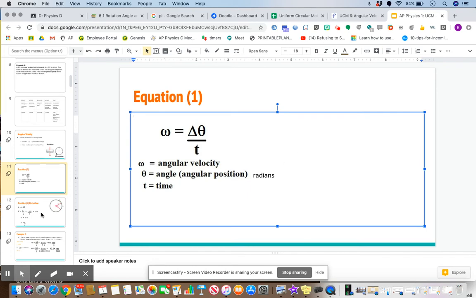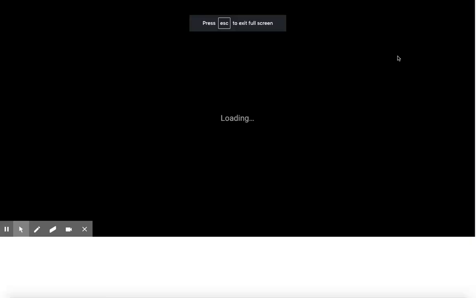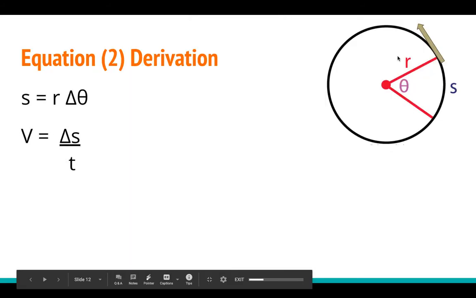If you remember, that velocity vector, which is represented up here, is tangent to the circular path.